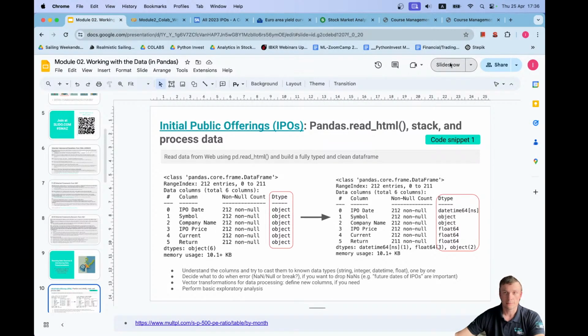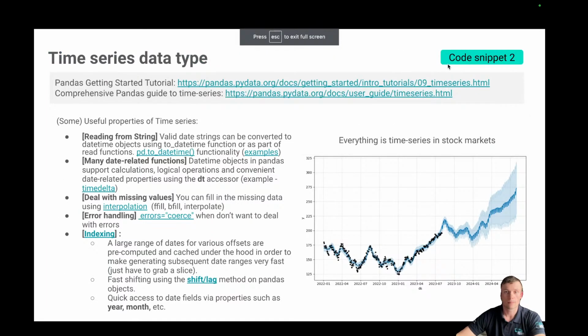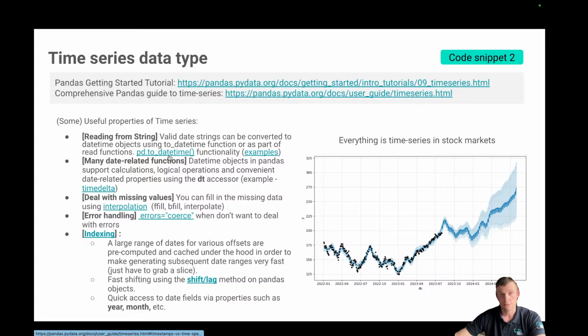Okay, let's move on. Next thing is time series data type. I can't say that I'm an expert here, and I occasionally use specific functions for time series. What I can say about these fields, that oftentimes I use the pd.to_datetime function to convert string to datetime.